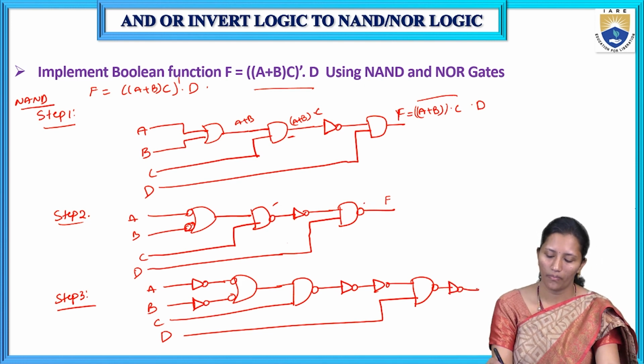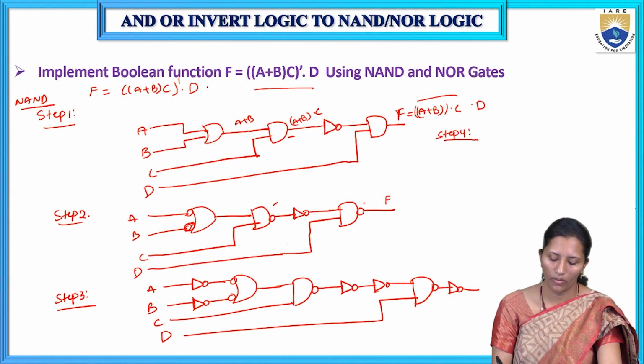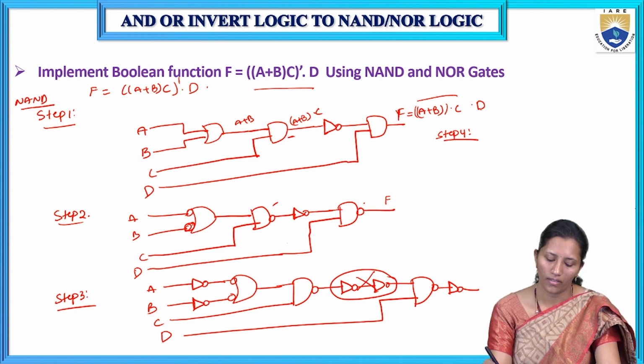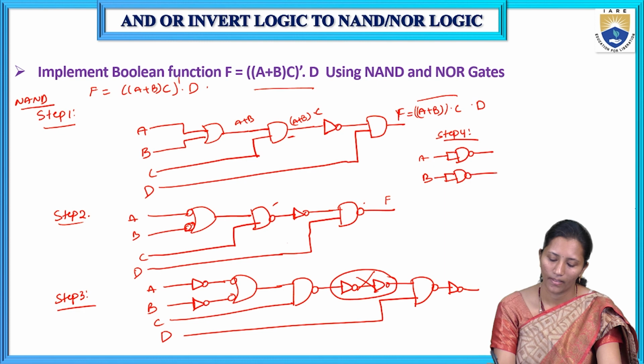Okay. In step 4, what we have to do is, if we have any extra back-to-back inverters, we have to remove those inverters, and each gate we should represent in terms of NAND realization. So the NOT gate also we have to represent in terms of NAND gate. So bubbled OR is equal to the NAND gate.